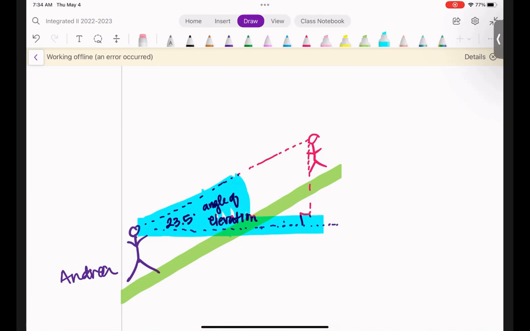Okay. Now, angle of depression looks like this. It's from Bonita. This is Bonita up here. It's Bonita's horizontal. This here is called your angle of depression. Okay.